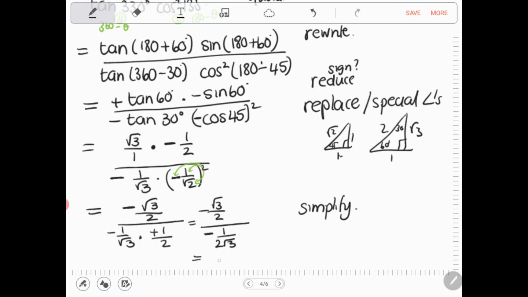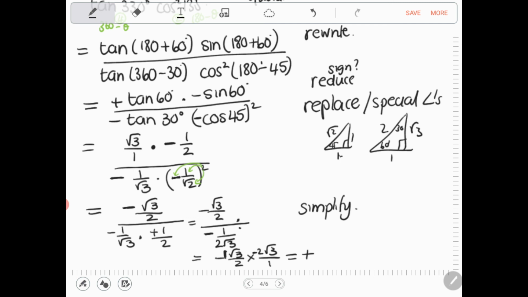And then we're going to change our division, sorry, this is a division sign, into multiplication. So this will become inverted, remember? 2 root 3 over 1. And don't forget it's a negative. All right, so negative times a negative is a positive.